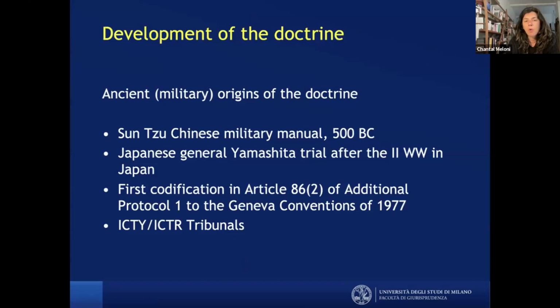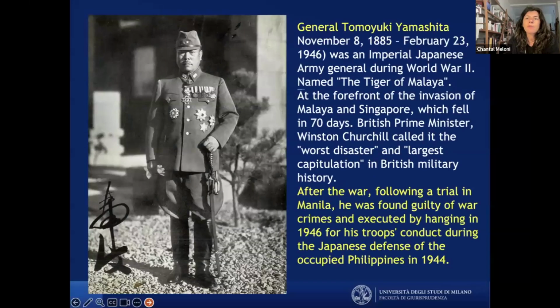But also in the aftermath of the Second World War, there was a very famous case that had to do with this liability regarding General Yamashita, a Japanese imperial army general who was convicted for the crimes of his troops during the Filipino part of the war.